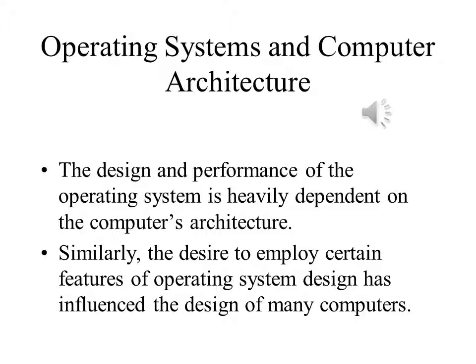Just as the computer's architecture determines many aspects of the operating system's design, the reverse is true as well. Processor designers frequently include features that will support operating system enhancements.